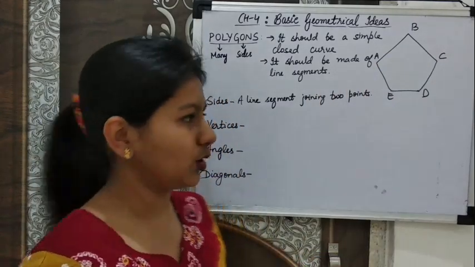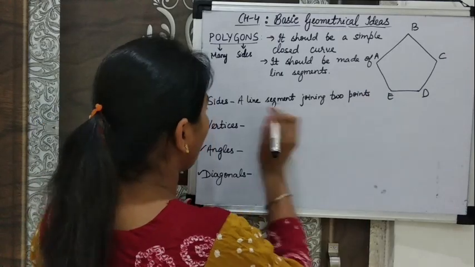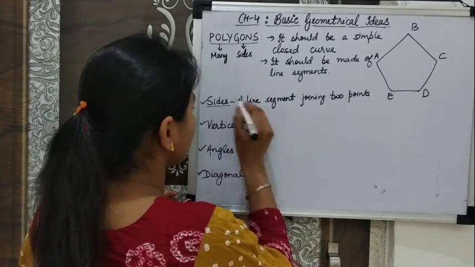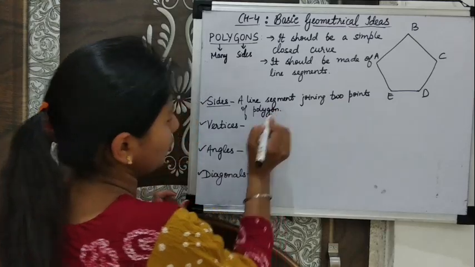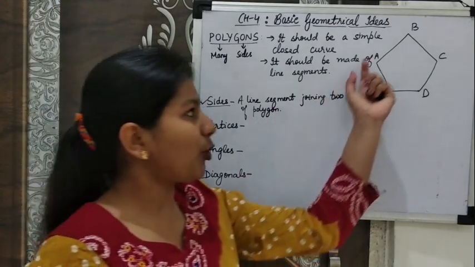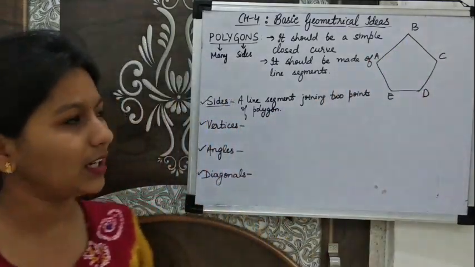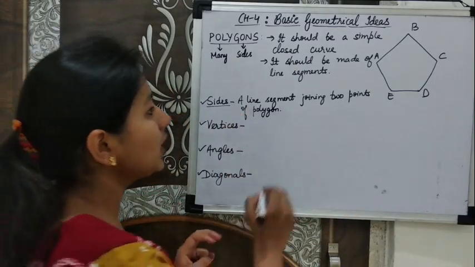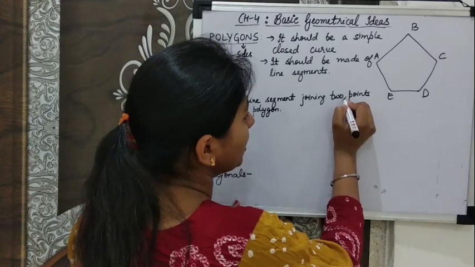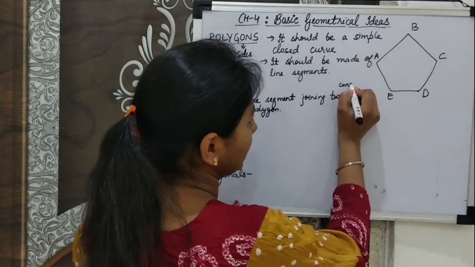ठीक है, तो ये क्या होगी? हमारी sides होगी. 2 points of polygon. तो इसे हम क्या बोल रहे हैं? साइड्स बोल रहे हैं. कैसा लाइन सेगमेंट जो पॉलीगॉन के किसी भी 2 पॉइंट्स को ज्वाइन करे, वो क्या है? साइड्स है. ओके, and that also, the 2 points should be 2 consecutive points.